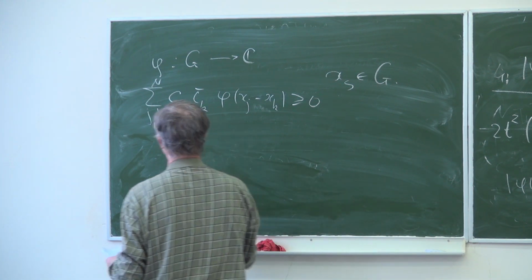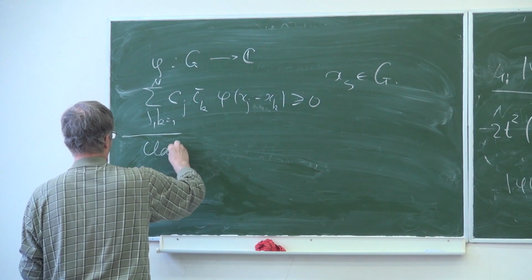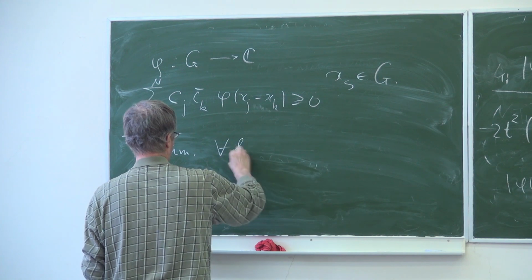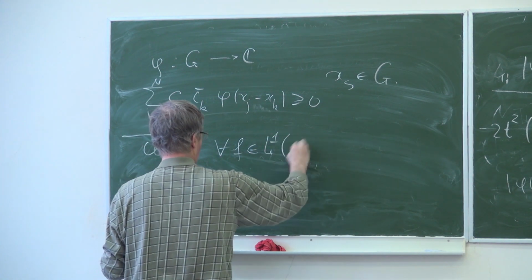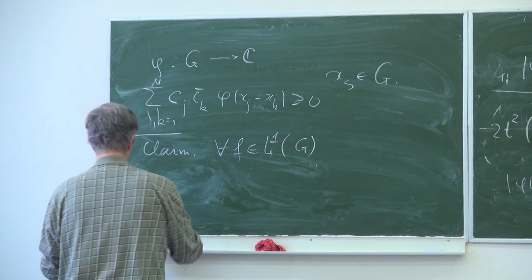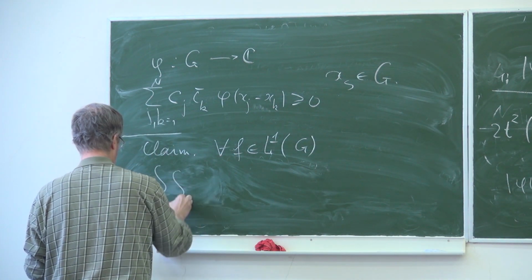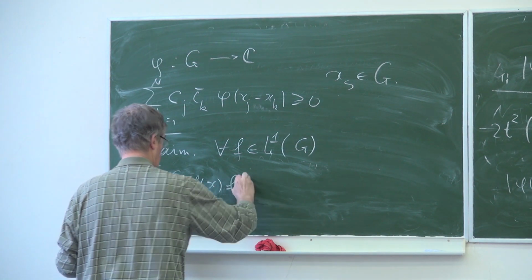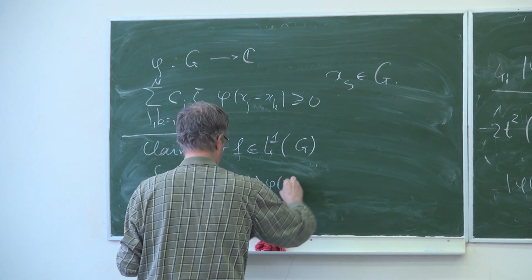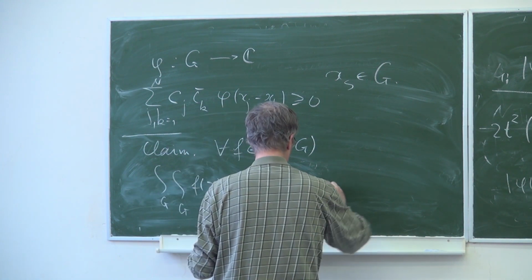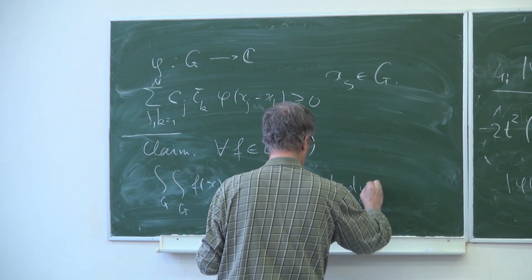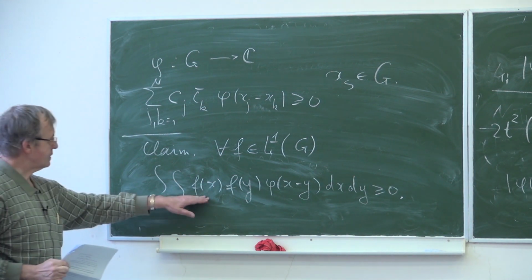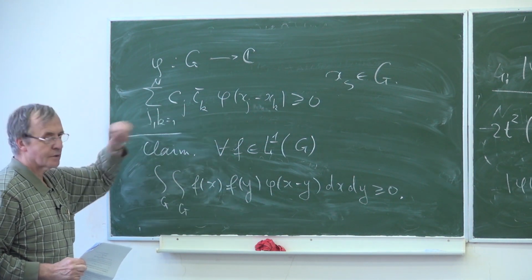Claim: from this inequality it follows that for every f in L1 of G, we have the following. This is a direct consequence of this inequality.